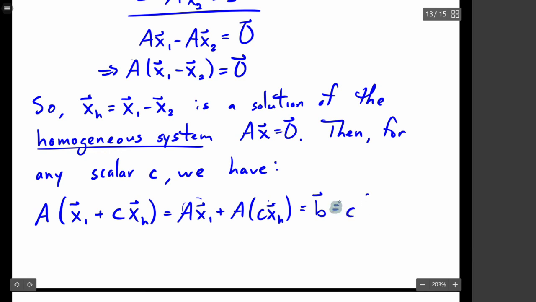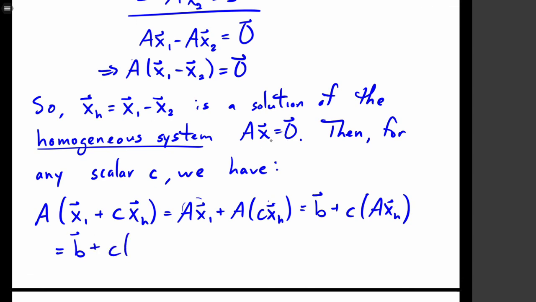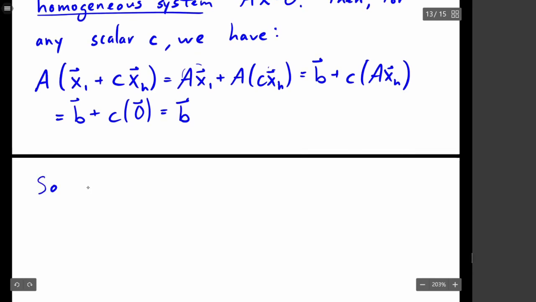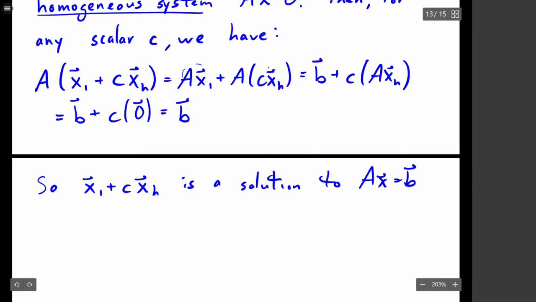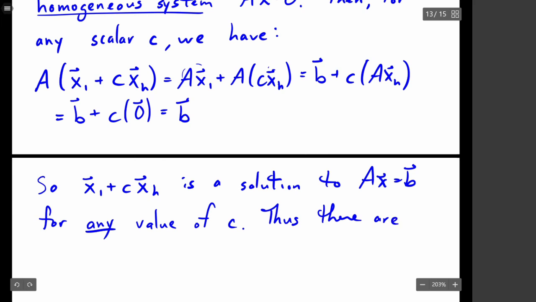Over here we have c times A xh, but A xh is 0. So at the end of the day, this is just b. So x1 plus c xh is a solution to Ax equals b for any value of c. That means there are infinitely many solutions.